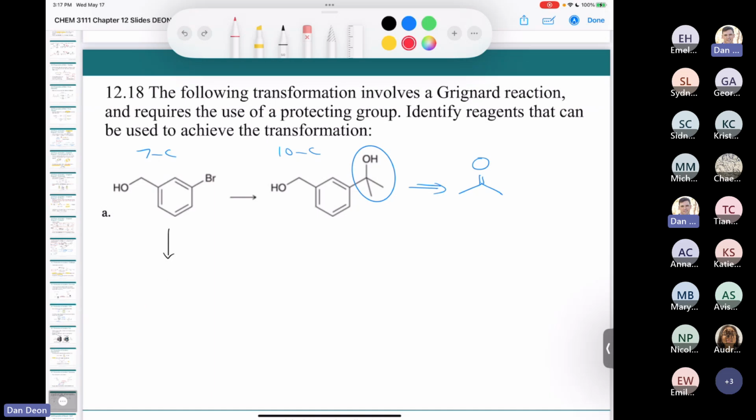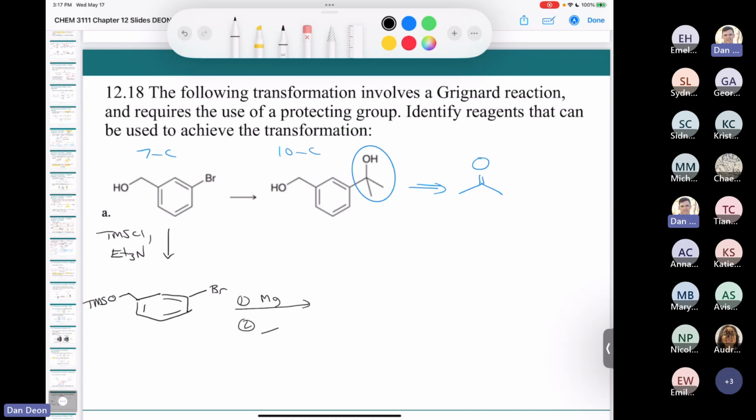So we're going to protect it. And to protect it, we're going to use trimethylsilyl chloride and triethylamine. And then we're going to make the trimethylsilyl ether. So instead of OH, we're going to have OTMS. Then we're going to have our bromine. Then we can treat it with magnesium in the first step.